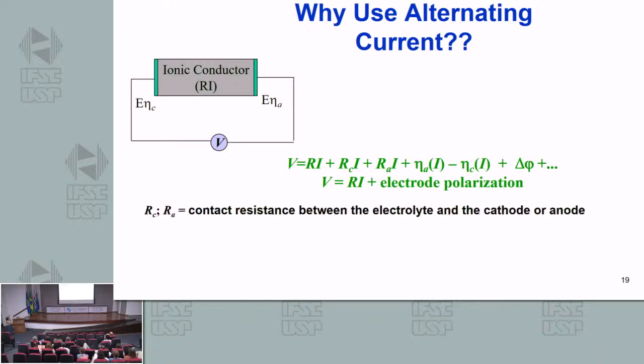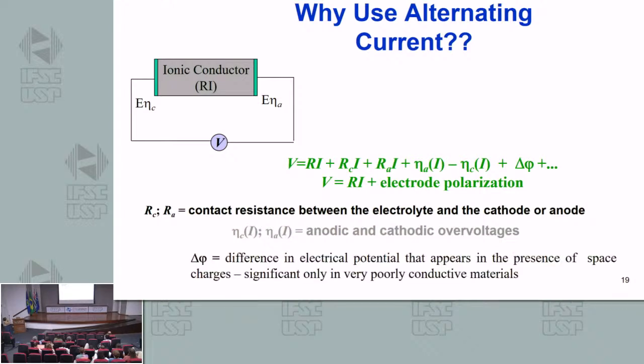I will measure the resistance of contact here, because the ions cannot go to the metallic wires, and the electrons from the metallic wires cannot go to my ionic conductor. So I will have an extra potential here, an anodic and cathodic overpotential, and that's why. So I will measure R, the resistance of the ionic conductor, but I will also measure all of this.